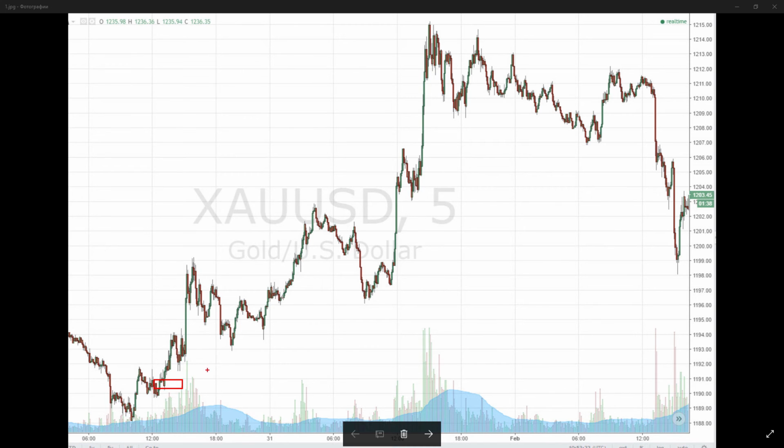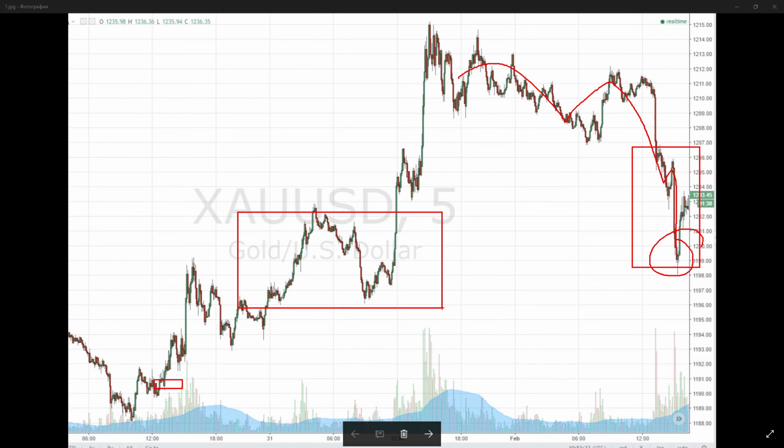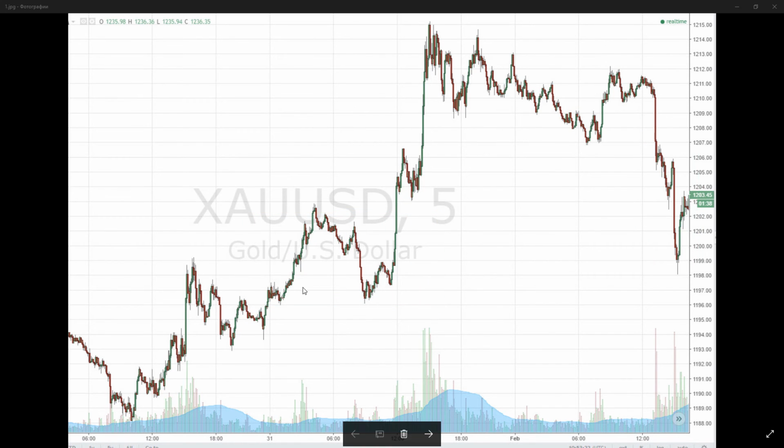I did my long here, but the interesting situation was here. Price went down, and after that received support from buyers, and we have some pullback here, and all this was a test of this zone.